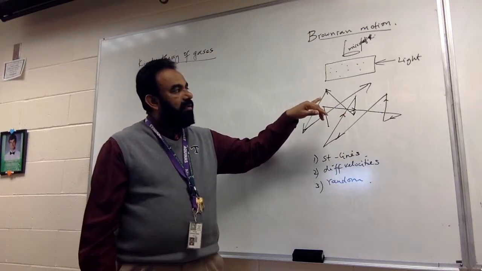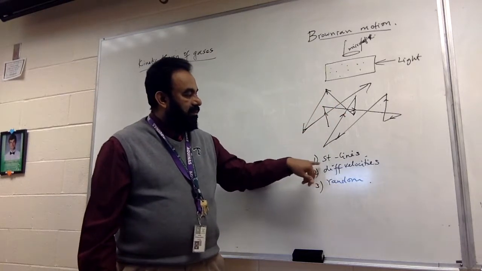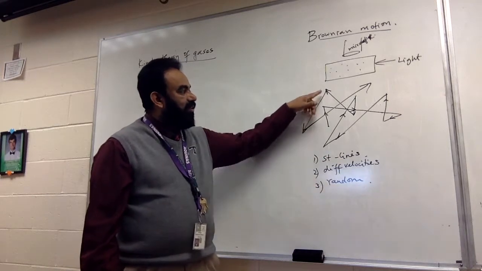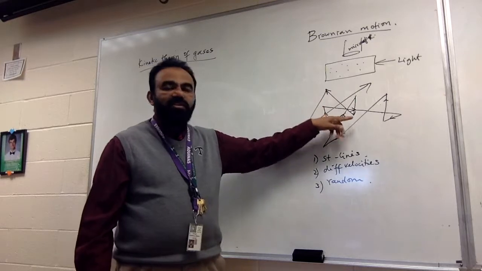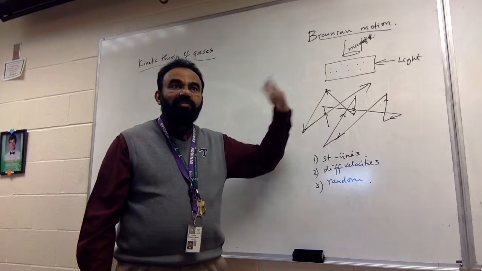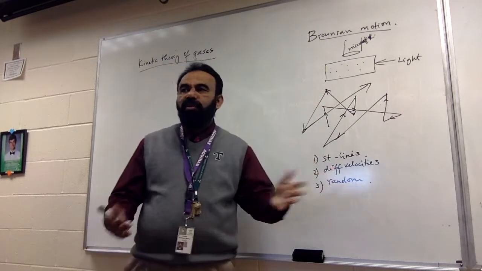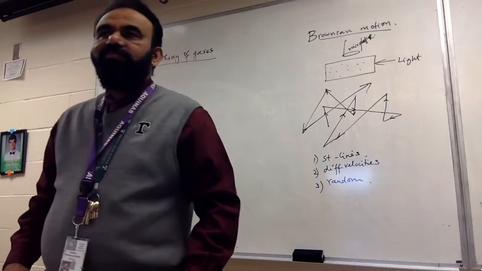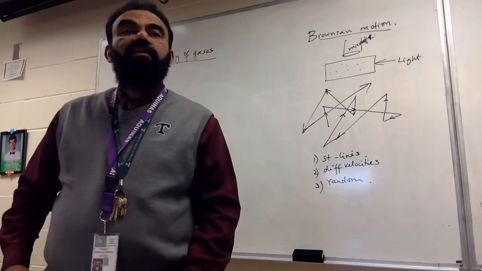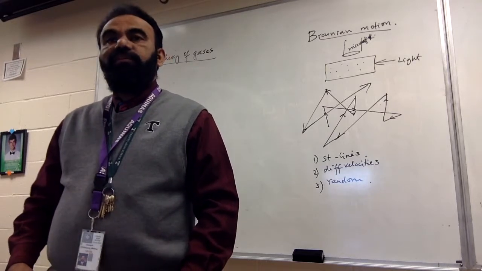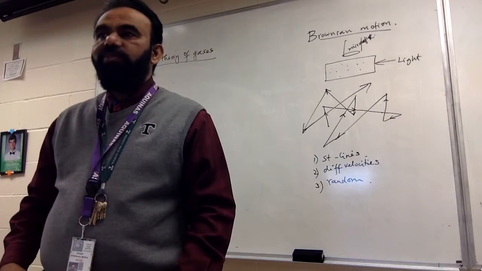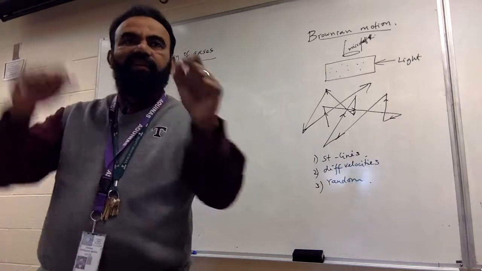So straight lines. Why straight lines is because, okay, there's a collision over here, and then the other collision is taking place after a long time. What's happening in between? No collisions at all. What is understood from there? That the interatomic space in gases is pretty large. That means the atoms are kind of here and there.